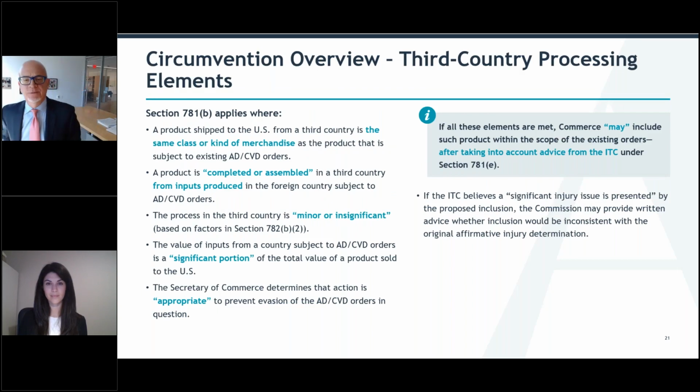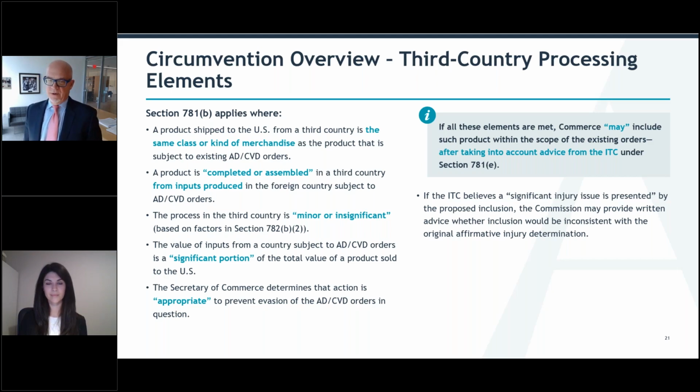This is again a topic for those of you who may be considering adjusting supply chains and wondering whether or not you could get caught up with one of these circumvention cases if you're dealing with a product that is already subject to anti-dumping or countervailing duty orders against China, for instance.